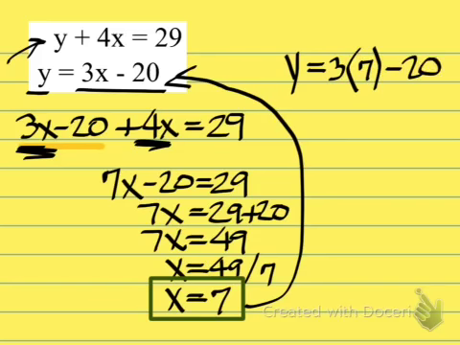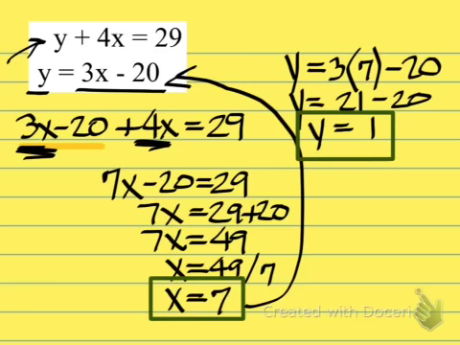And then minus 20. 3 times 7 is 21. Subtract 20, and you get a value of 1. So you're going to express your answer as a point, x, y. X is 7, and y is 1.